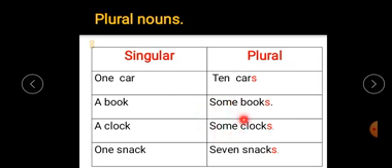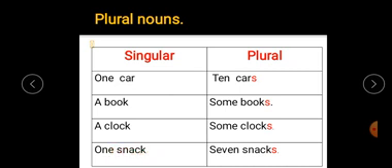That's one of the words we need to know. Some clocks. Can you see the extra S? You can see it, right? Some clocks. Okay, the last word. One. O-N-E. For those that do not remember, O-N-E is one.